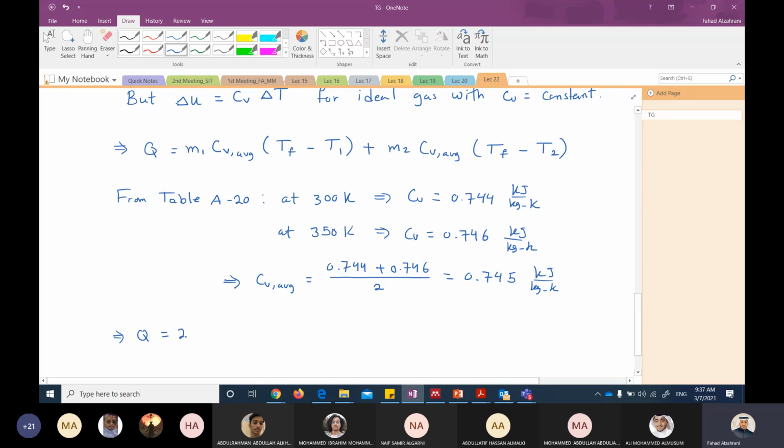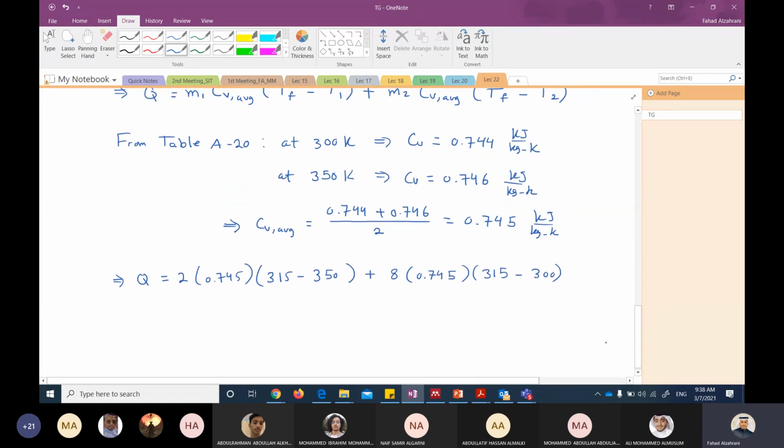I have m1 is 2 kilograms times 0.745, the CV, times T final, which is 315 minus 350, plus 8 kilograms times 0.745 times 315 minus 300.